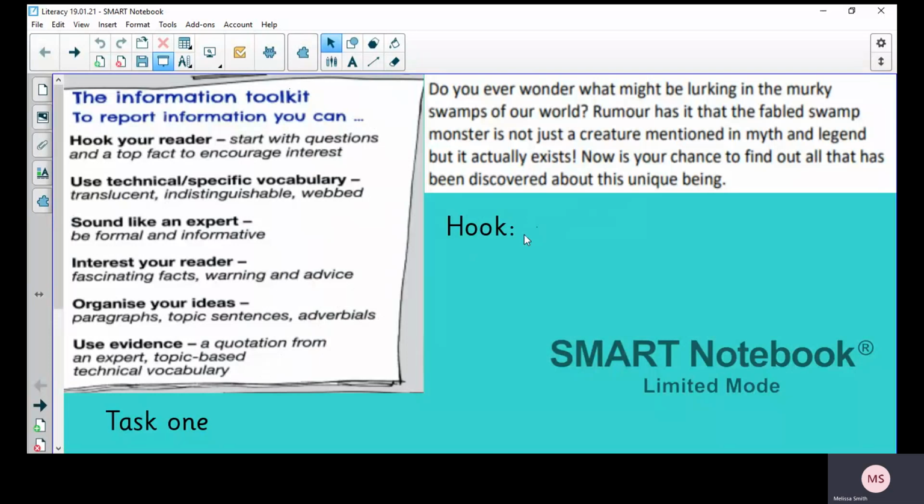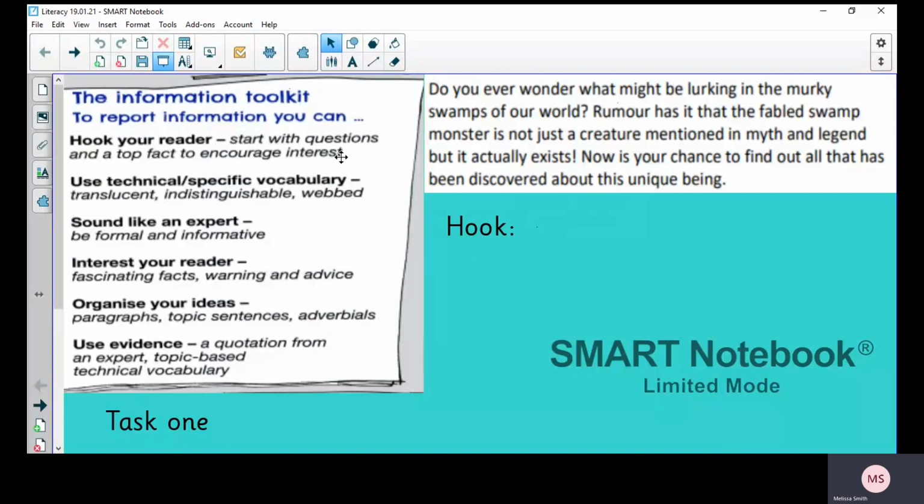Well, the hook's easy to identify. It begins straight away with, do you ever wonder what might be lurking in the murky swamps of our world? That is a rhetorical question. It's acting as the hook to make the reader think, oh, actually, yes, I have been wondering about that, which then makes them want to read on. And as it says here, a top fact.